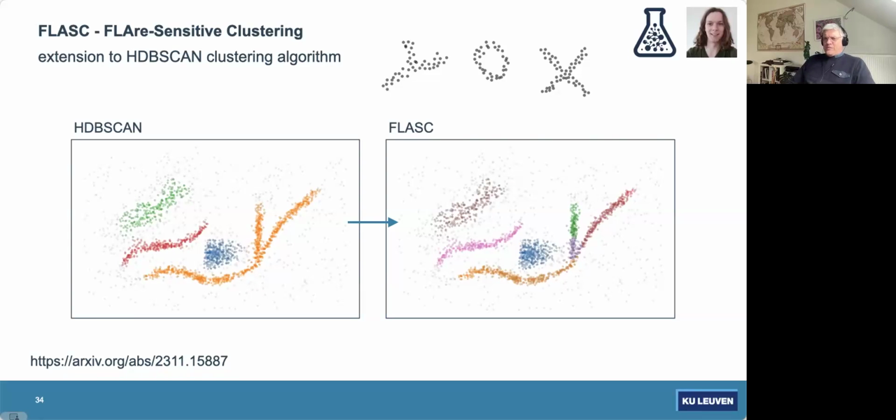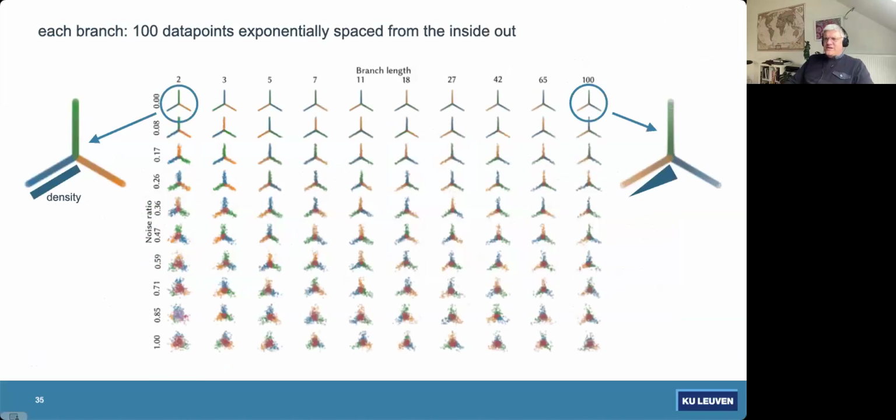So Jelmer Bot in my group has developed FLASC, flare-sensitive clustering, which is able to identify the different clusters themselves. And we just submitted a paper on that, and this is an example of some test data as well. So basically the Mercedes logo without the ring. So looking at shorter and longer branches.